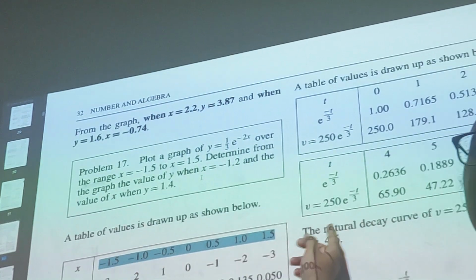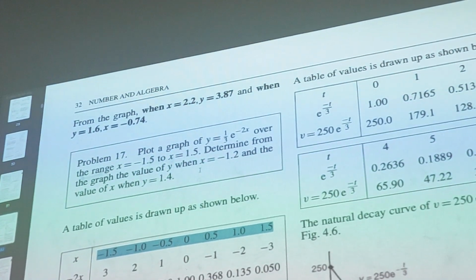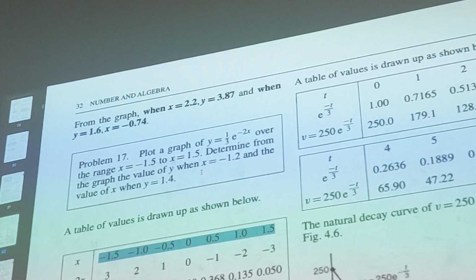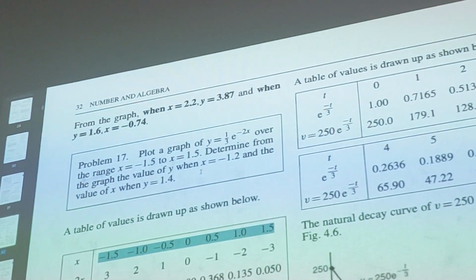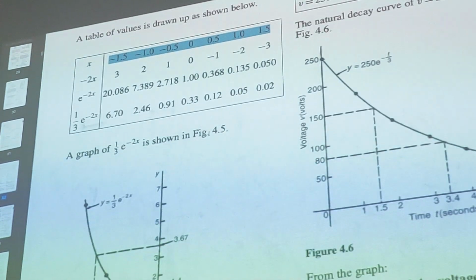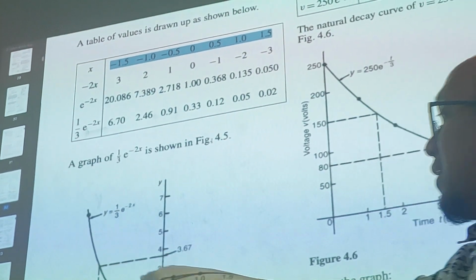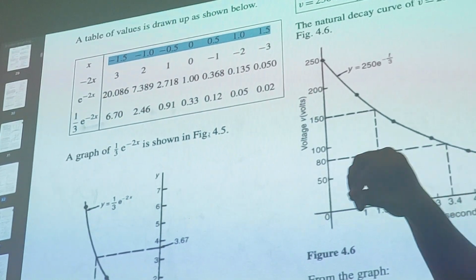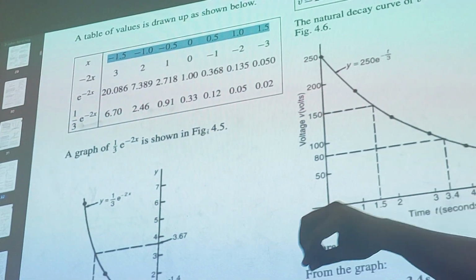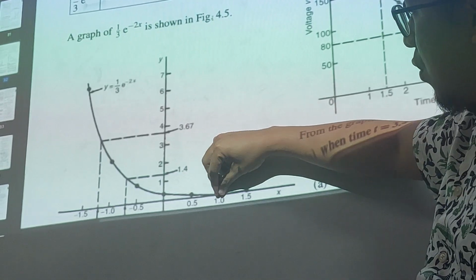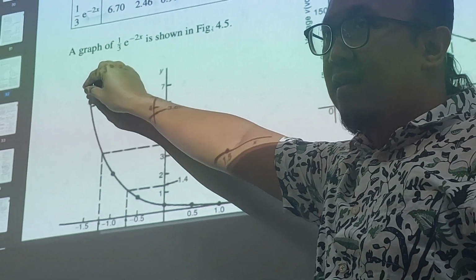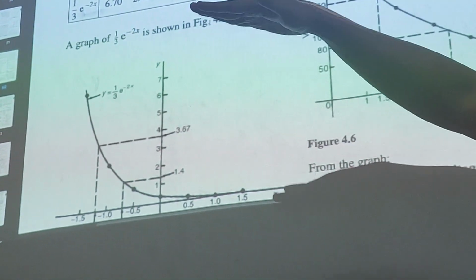So you will get so many values, and so many dots. But I think if you make this manually, it's good for you because it will be easy to connect all the dots into a smooth line.